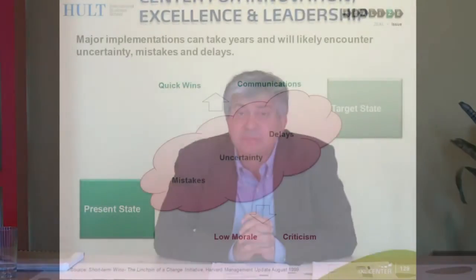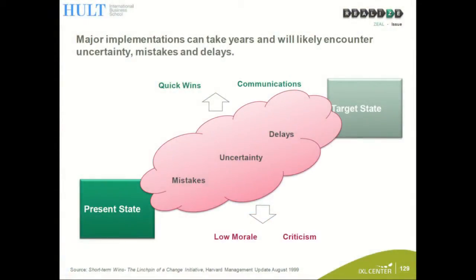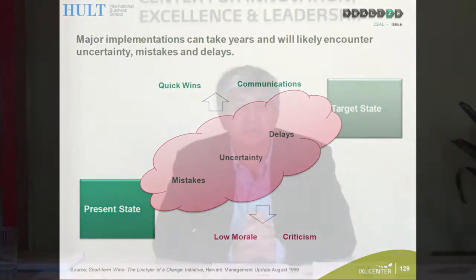What typically happens in this type of environment is, as time goes forward, some mistakes are made, you get more uncertainty, there'll be delays, and as a result you'll get some low morale and some criticism of the process you're trying to implement. And what you want to do is avoid that. The answer for that is to provide quick wins and have lots of good communication.